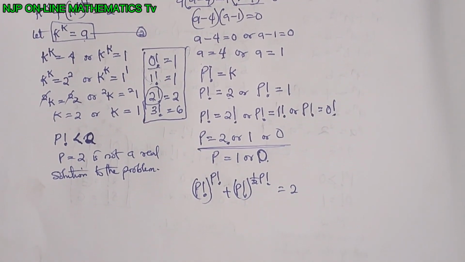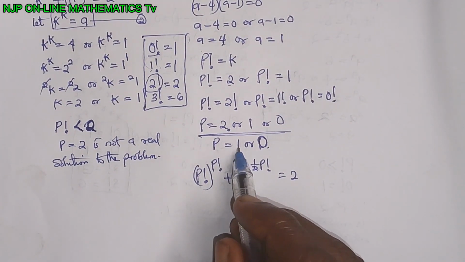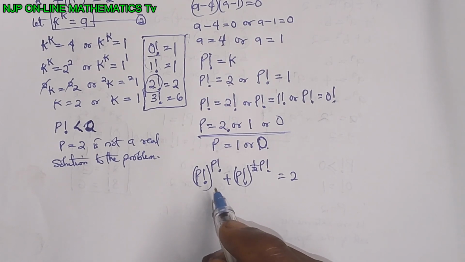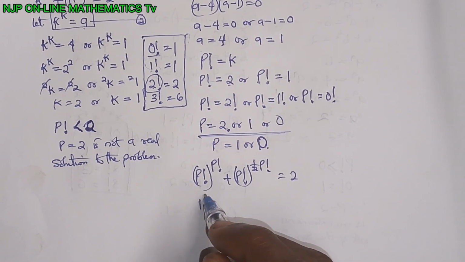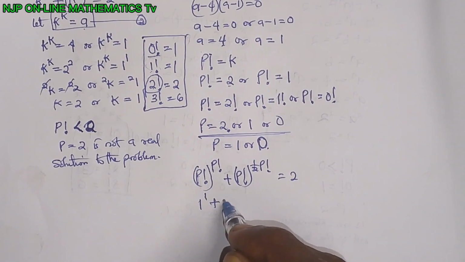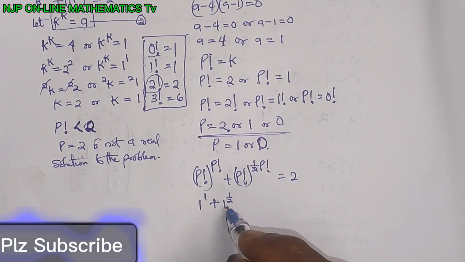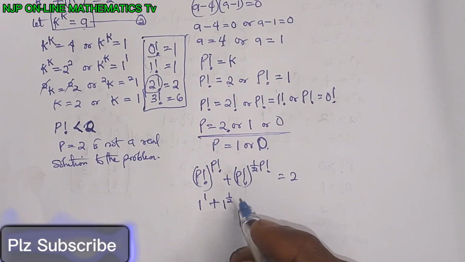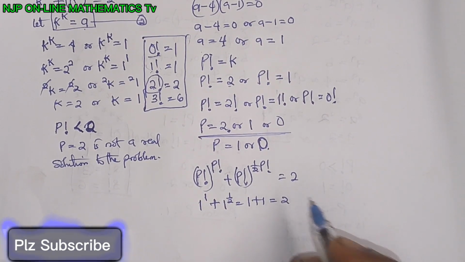So from here, we need to substitute for the value of 1. We know 1 factorial will give us 1. So 1 to the power 1 plus 1 to half 1, which is still 1, and 1 to any number is 1. That means we're having 1 plus 1. 1 plus 1 is definitely 2.